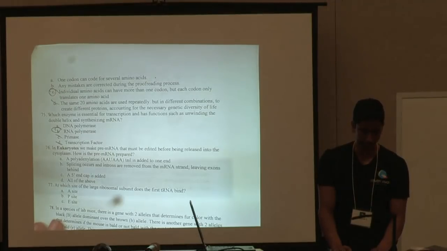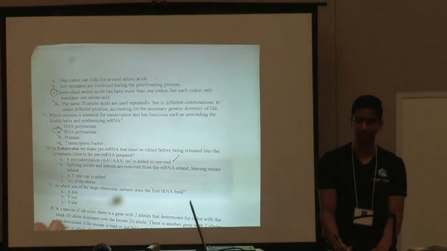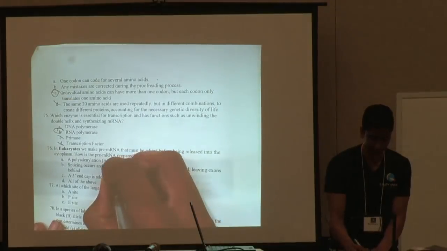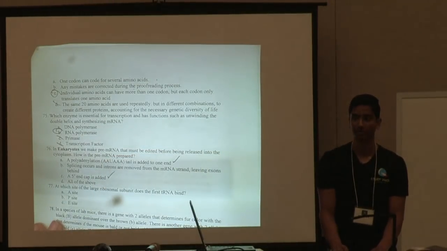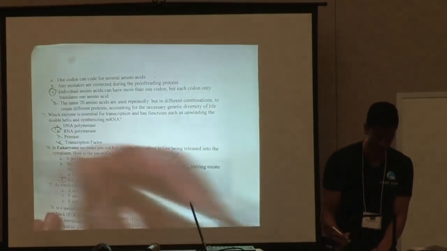In eukaryotes, we make pre-mRNA that must be edited before being released into the cytoplasm. How is the pre-mRNA prepared? Is there a poly A tail? Yep. Is there a 5' cap? Yep. Does splicing occur and remove introns? Yes. And exons remain, right? All of the above.